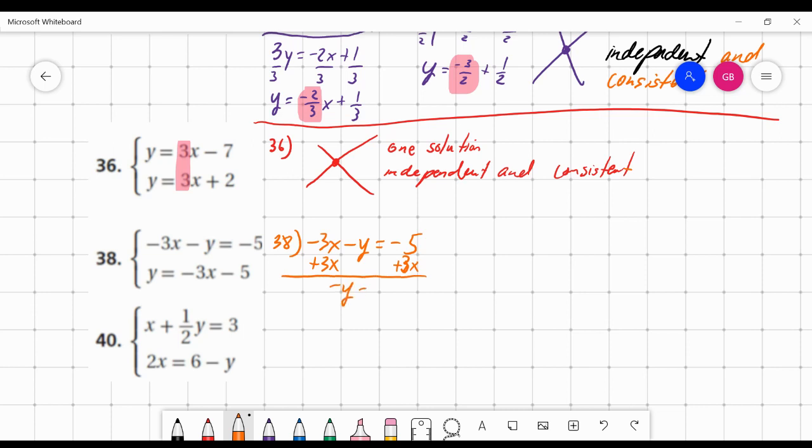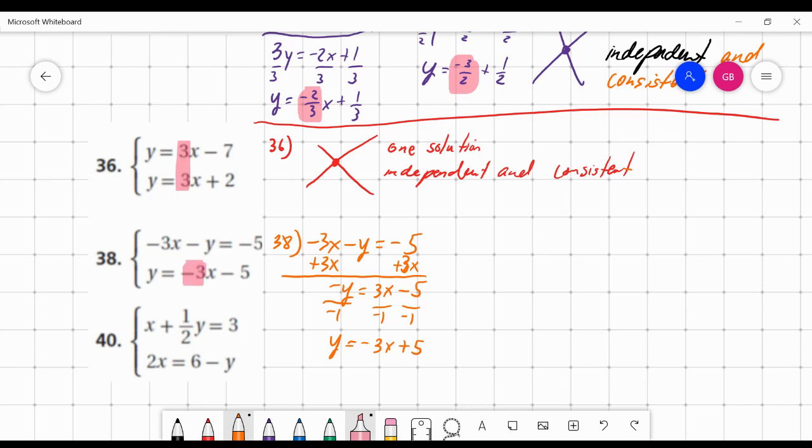So negative y is equal to 3x minus 5. And then to get the y by itself, I'm going to divide everything by negative 1. So y is equal to negative 3x plus 5.